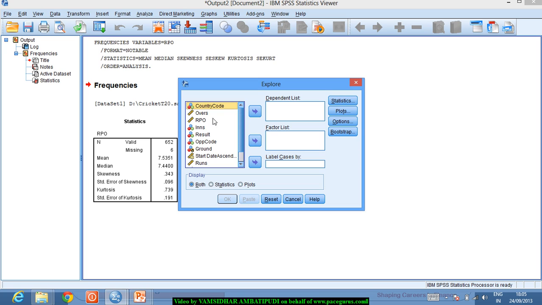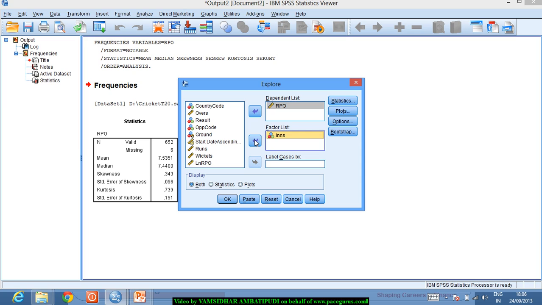So I will point out the runs per over here. This is one of my dependent variables, and if you want to test on runs, wickets and all, you can do the same. But just to explain the concept, I want to look at the distribution of runs per over across the innings.